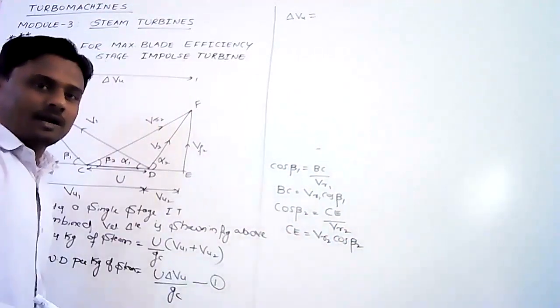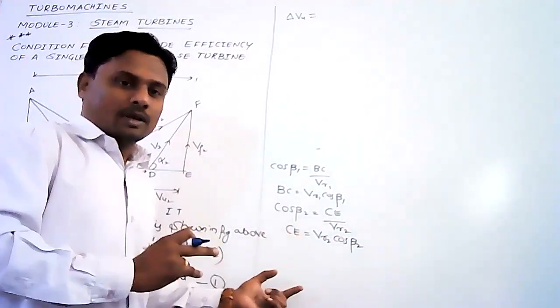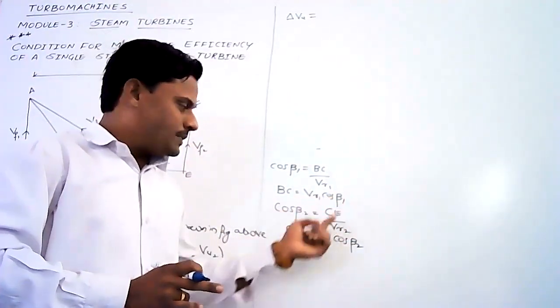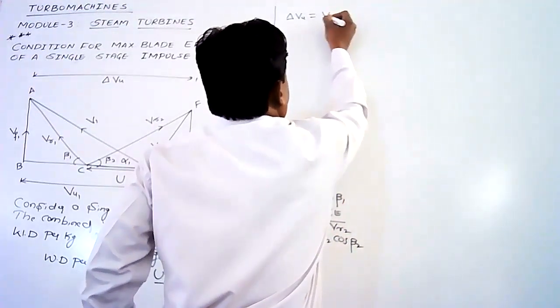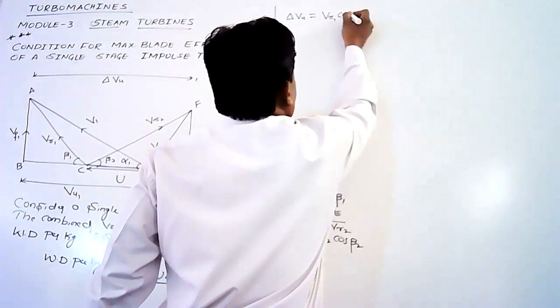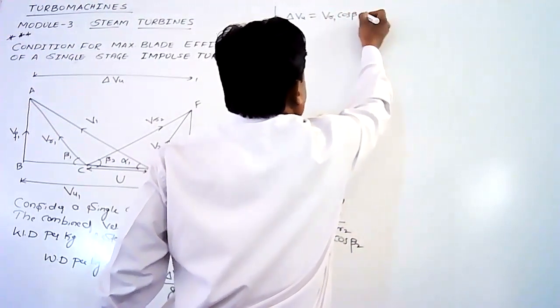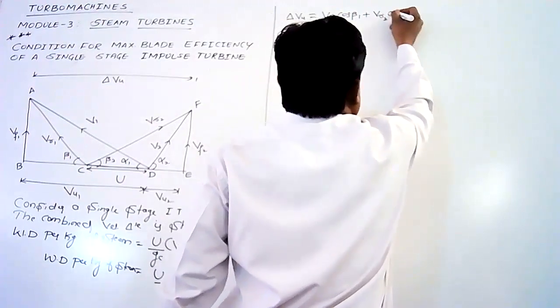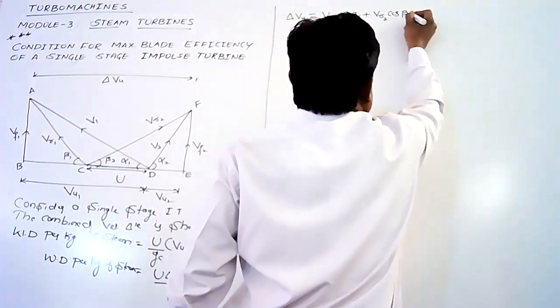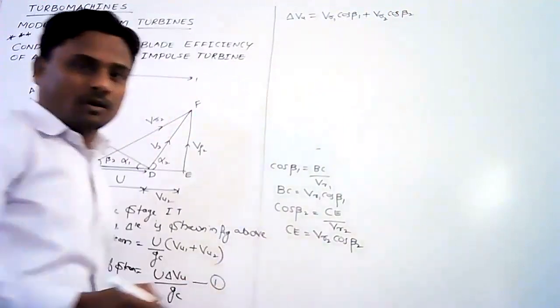So ultimately I can write delta Vu equals VR1 cos beta 1 plus VR2 cos beta 2.